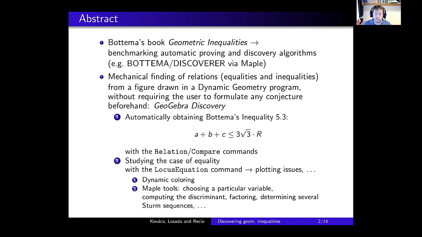GeoGebra is a free tool available for many users. And we learned that there are some problems, even if GeoGebra has a built-in technology now to use real quantifier elimination and cylindrical algebraic decomposition.